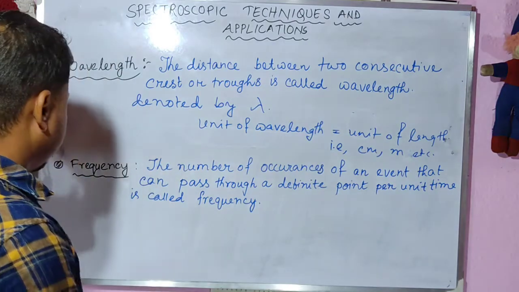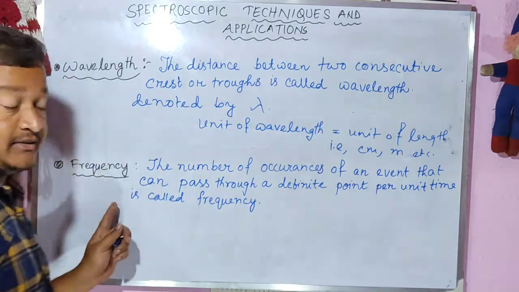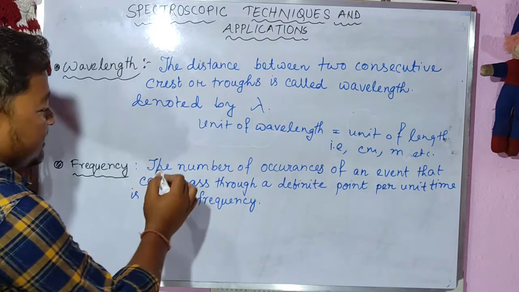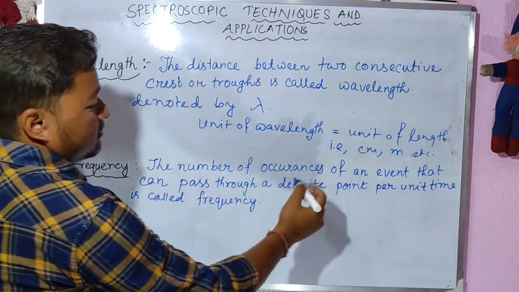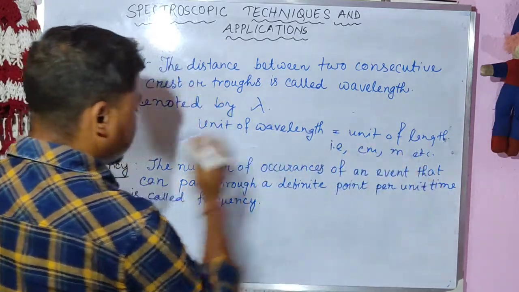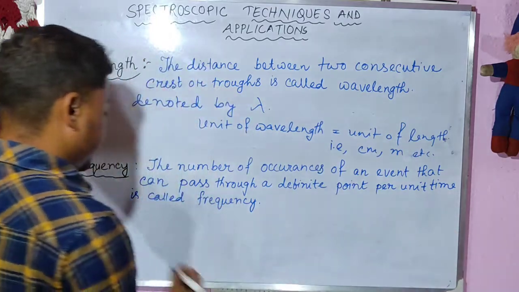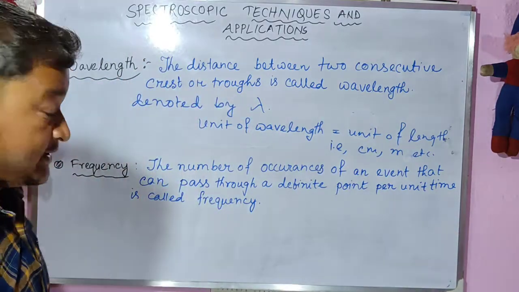Okay, next is frequency. The definition is the number of occurrences of an event that pass through a definite point per unit time is called frequency.